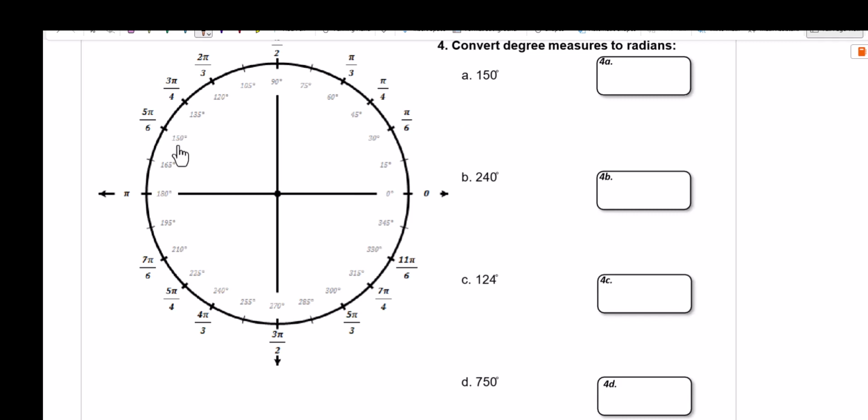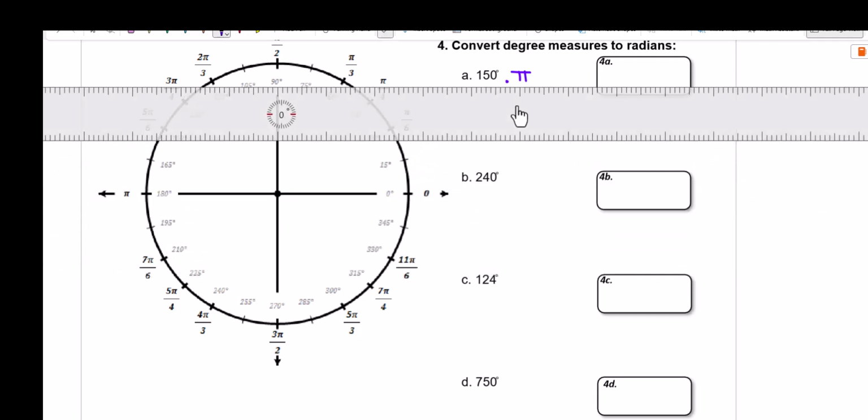Now, if I look on my image here, 150 degrees is 5 pi over 6 radians. But how are they getting that? How do we just know that it's 5 pi over 6? Well, we can use what's called a conversion factor. In order to go from a degree to a radian, we are going to multiply by pi over 180.